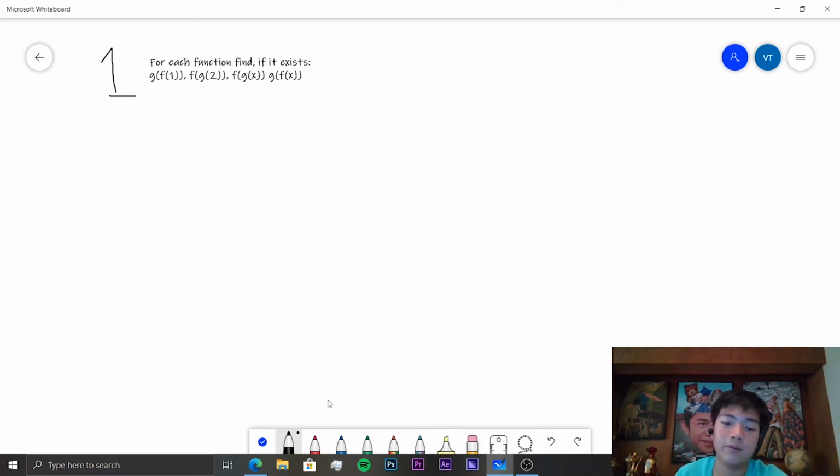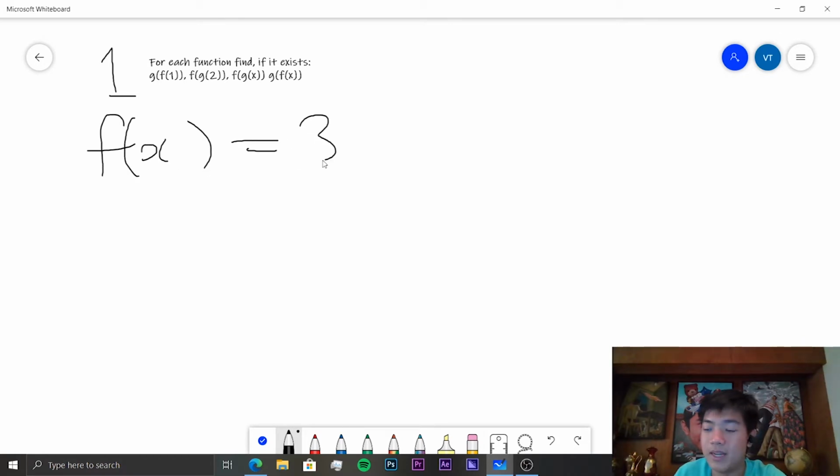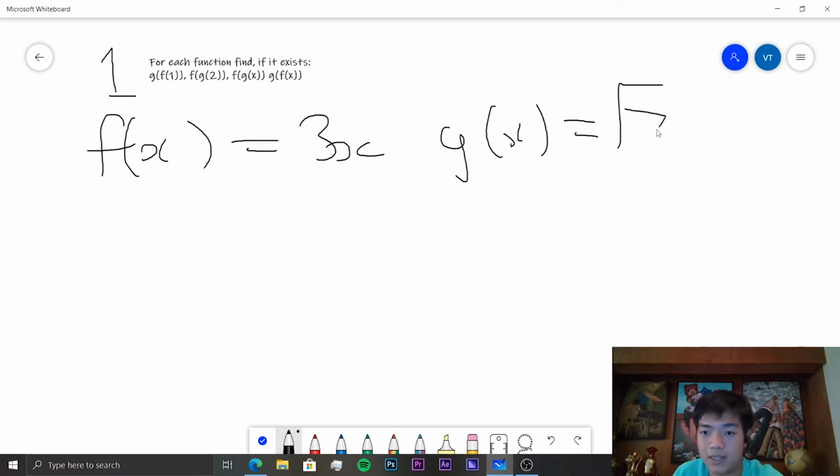The first function we'll be doing this for is when f of x is equal to 3x and g of x is equal to the square root of x.